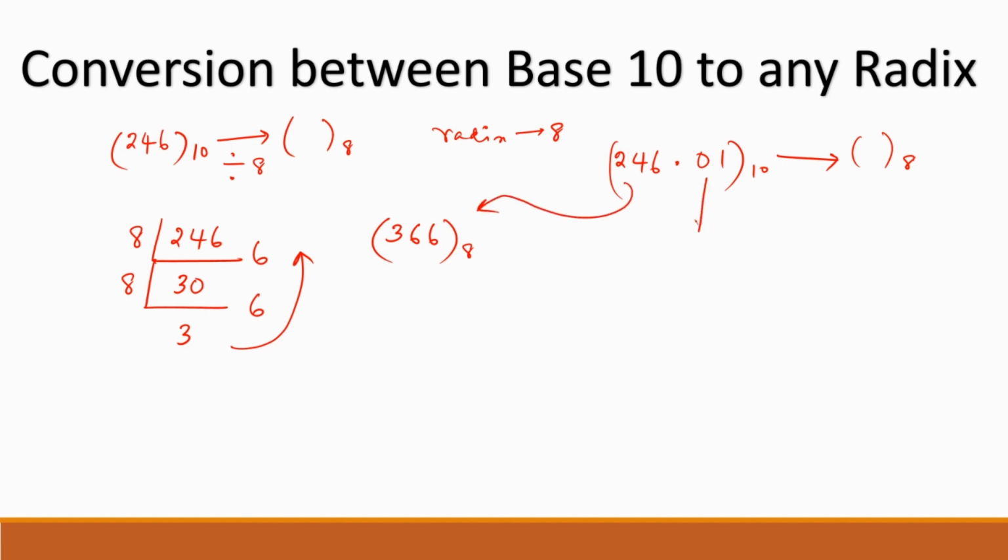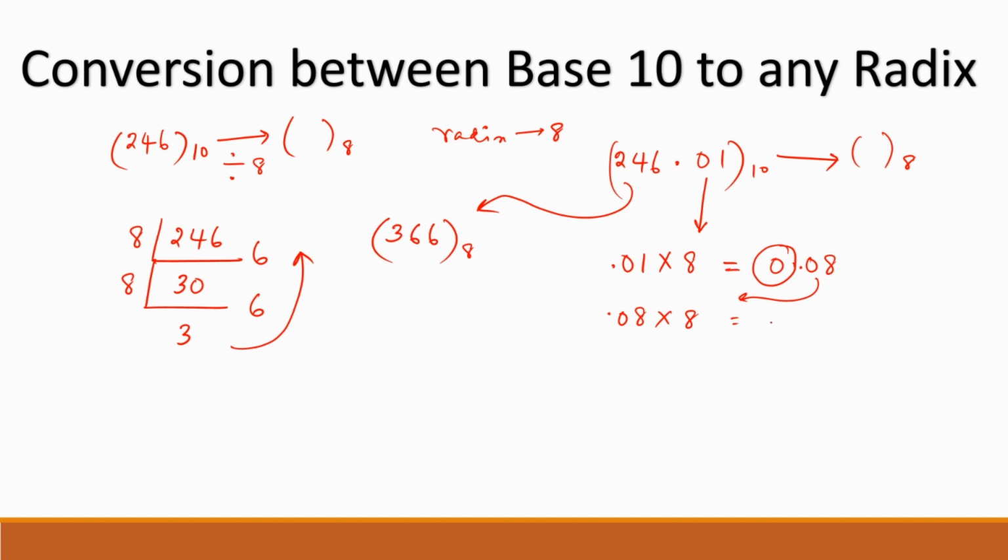For the decimal portion, I need to multiply it with 8 repeatedly until I get recurrent numbers. When I multiply this, I get 0.08. I'll retain the integer part over here and carry forward the decimal part, 0.08 into 8.